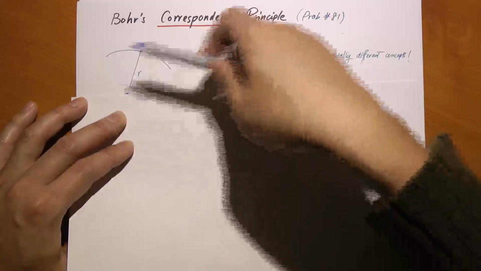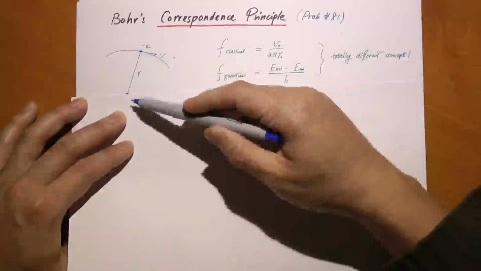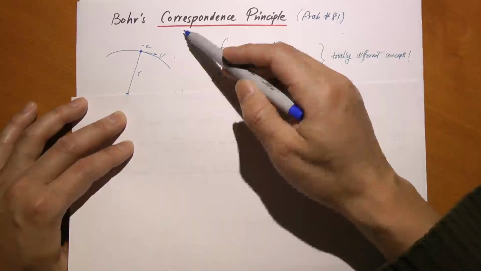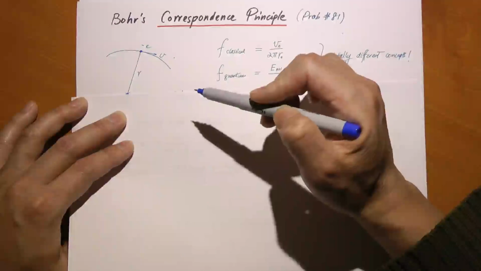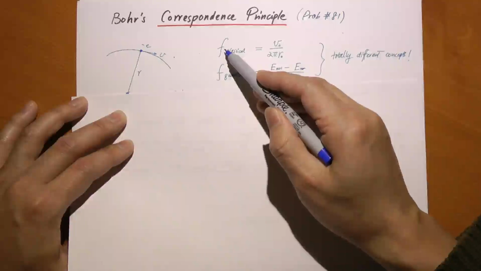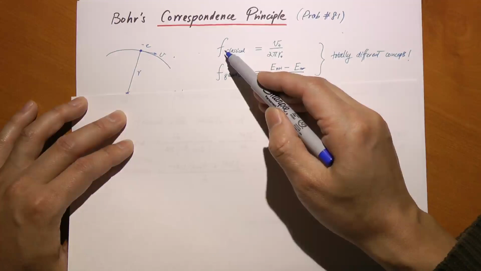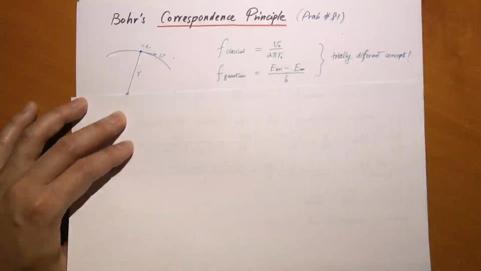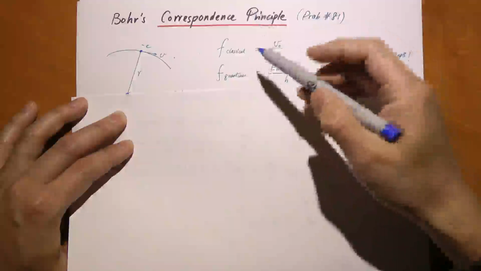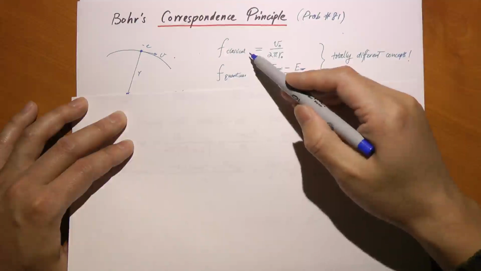Just how many times it goes around the center of the orbit once. This has nothing to do with the electron jumping orbitals. It stays in the same orbital, but how frequently does it turn around? That frequency, according to classical physics, is also the frequency at which the electron will emit radiation. So you see, the electron doesn't really jump orbitals in classical physics. It just keeps on turning and turning with this frequency, and that's the frequency you're going to observe.